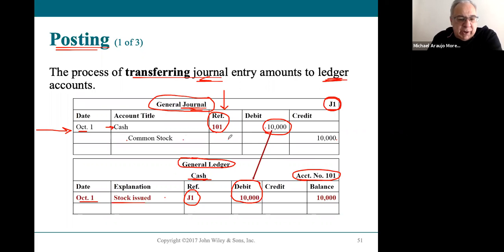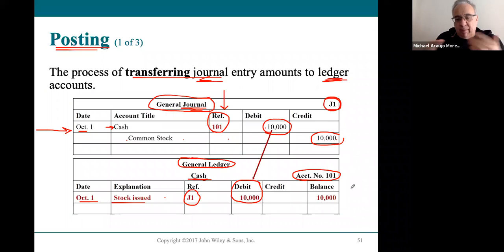Common stock will have its own account number, and this credit would need to be posted into the common stock portion of the ledger in the common stock account. And of course, they would have a reference there as well. But for our purposes, we're not worried so much about the references because we're not going to really see them on our homework.